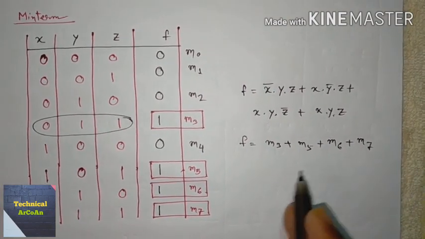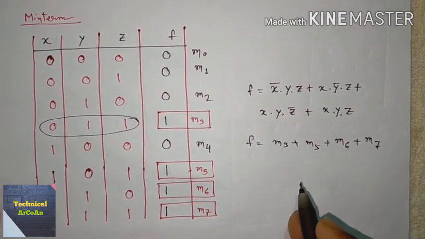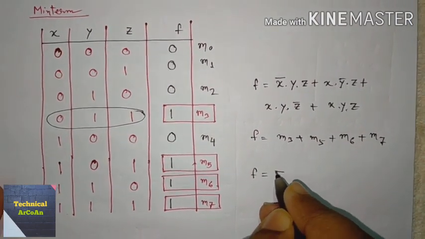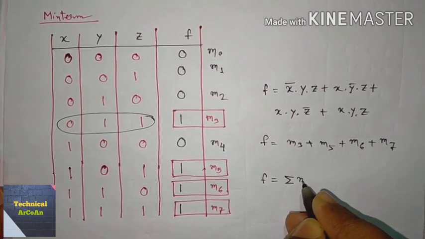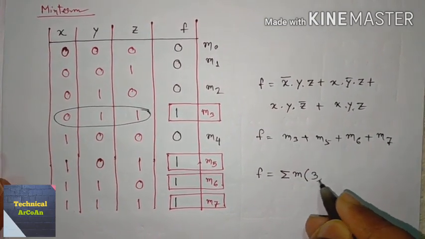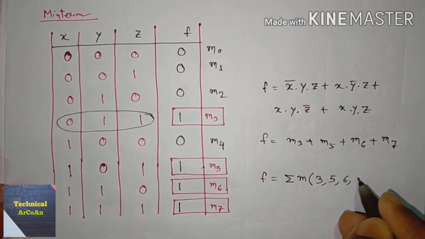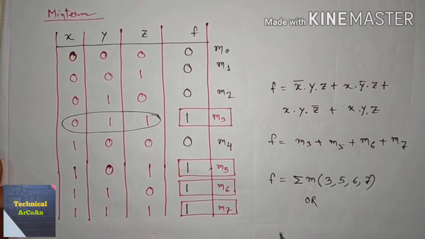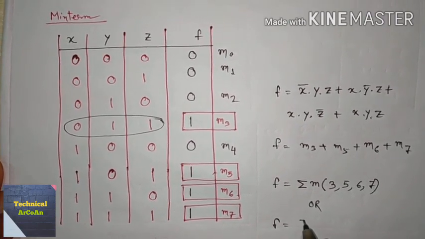This equation can also be written in a different form. How? F equal to summation small m and write these numbers only, 3, 5, 6, 7, the position numbers.